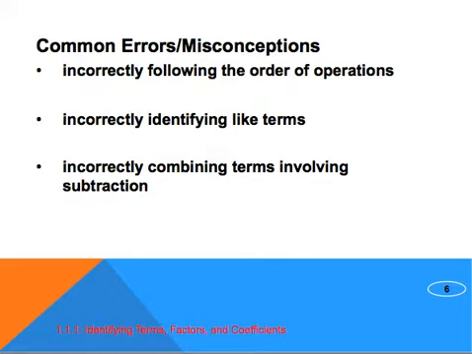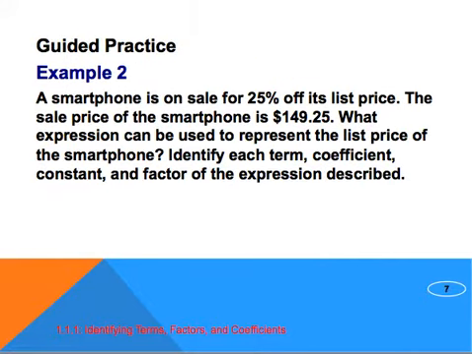Okay, so here's a word problem example. This is a guided practice, so yes, you should take notes. You probably should pause it and try to figure out some of the questions by yourself. A smartphone is on sale for 25% off its list price. So first of all, we have to understand 25% off, right? So you're going to take something away.